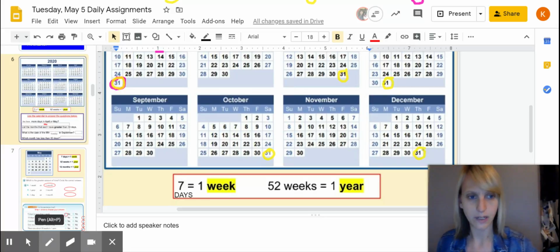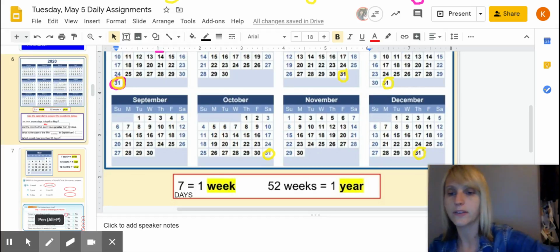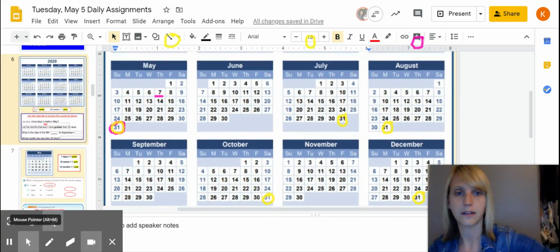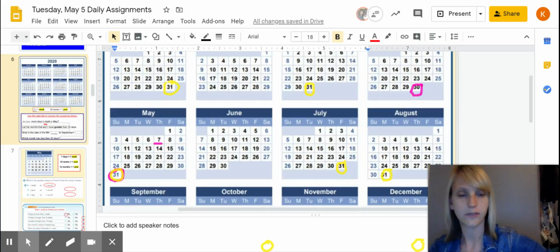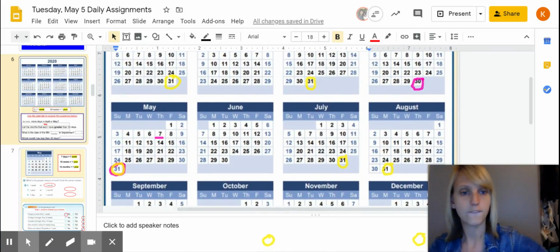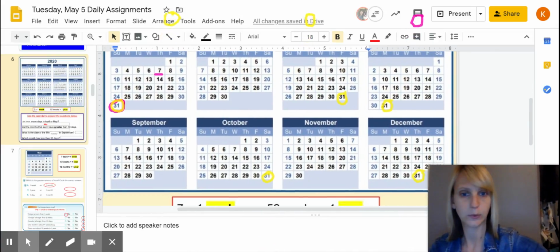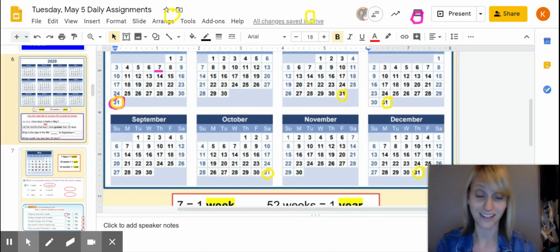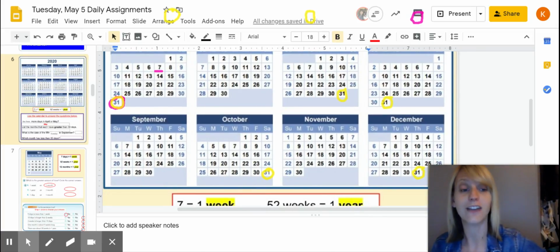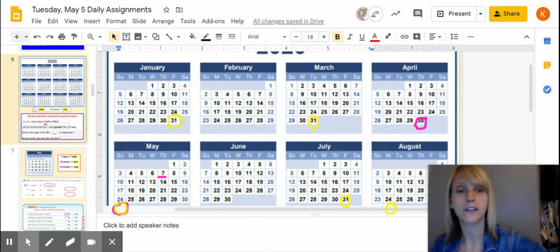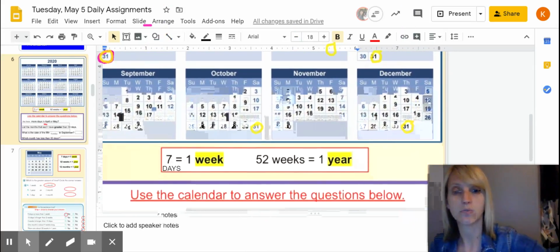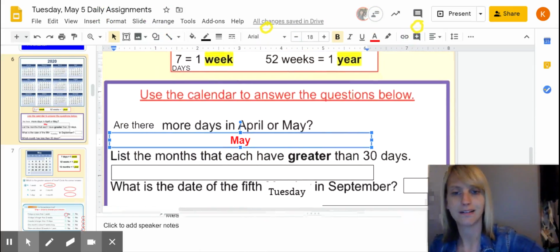So if we refer back to our calendar and we look, there's quite a few months we need to put down on that answer. Let's start at the beginning. So I'm going to put 1, 2, looking for all of my yellow circles, 3, 4, 5, 6, 7. There's 7 months, guys, that have greater than 30 days. When I'm filling out my answer, I want to make sure that I'm using my comma because I'm making a list.